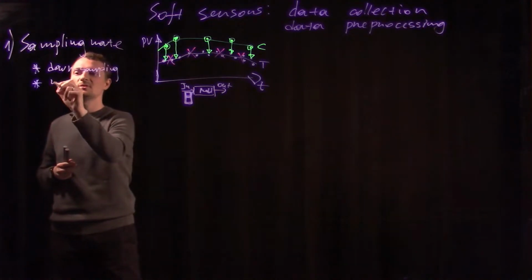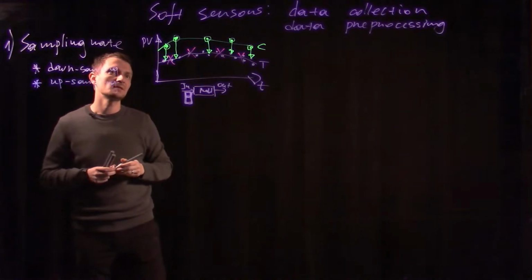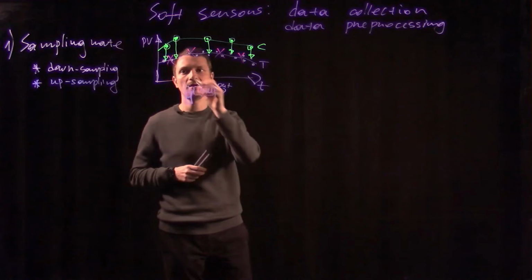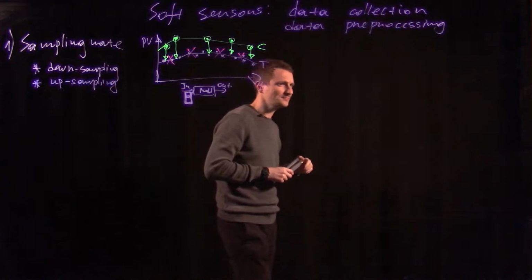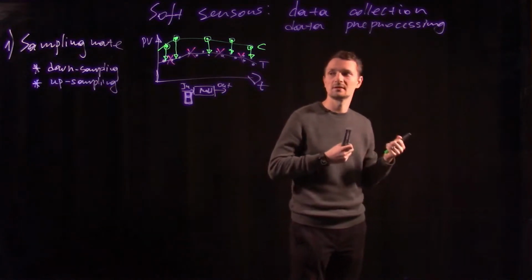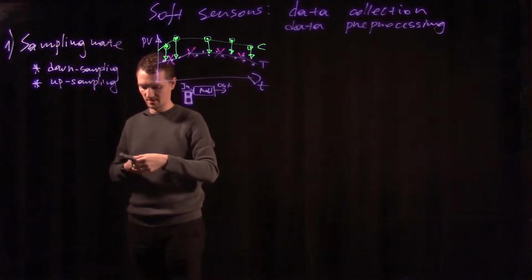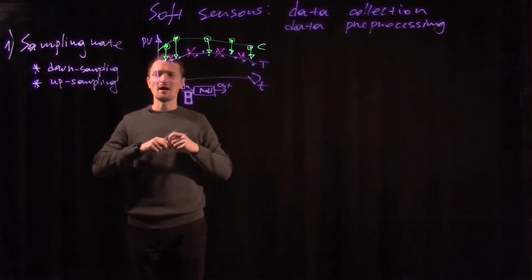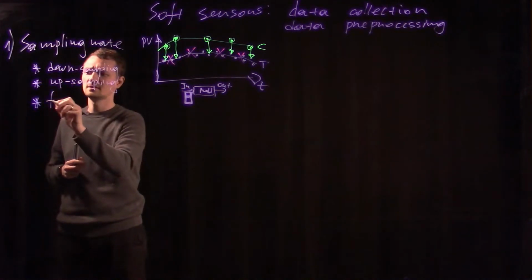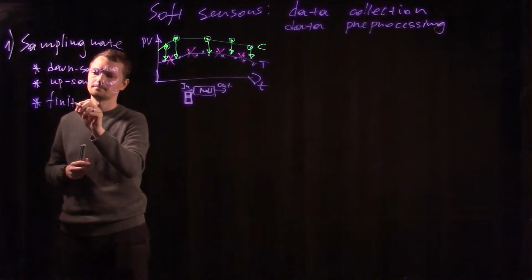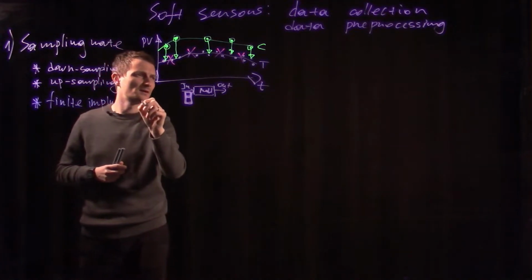Other option would be upscaling or upsampling. Basically, when you try to have these measures and you try to interpolate hard to measure variables, it's not that easy because in this case you need a model and it might be a problem as well. Another technique you can apply for this problem is so-called finite impulse response.